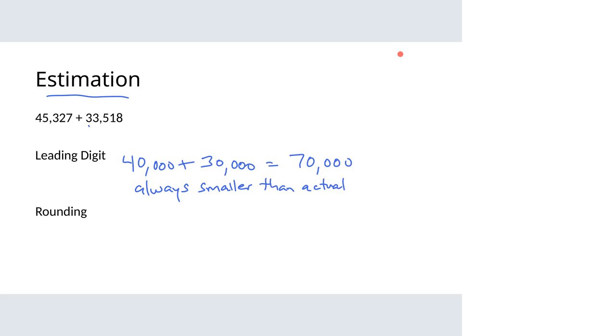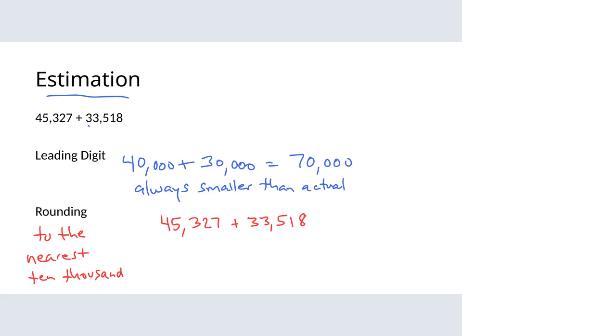Another approach is rounding, and we've done some rounding. If we look at those two numbers and we want to round, and let's say we want to round to the nearest 10,000. So I have 45,327, and I have 33,518.